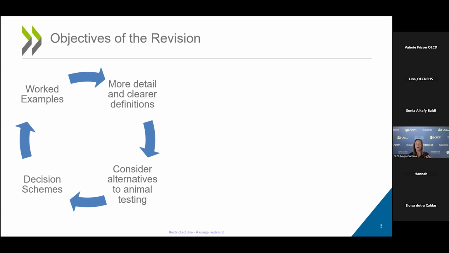So that's why we had to provide more clarity and rework on definitions, on considerations, and the decision scheme. And that's why it's been a very lengthy project, but a very rewarding one, because it took some time, but it will provide more clarity and consistency.